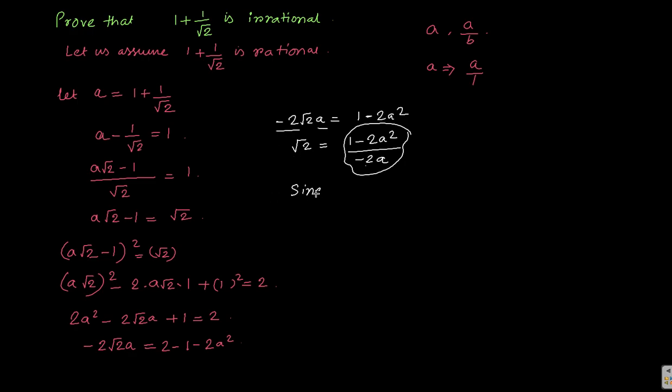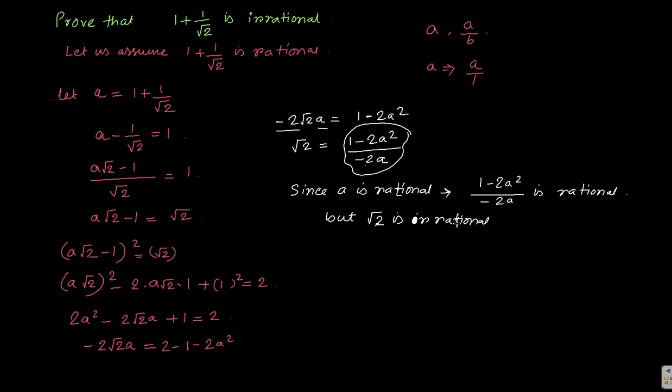Since a is rational, because we are considering a is rational, it means 1 minus 2a square by minus 2a is rational, but root 2 is irrational.